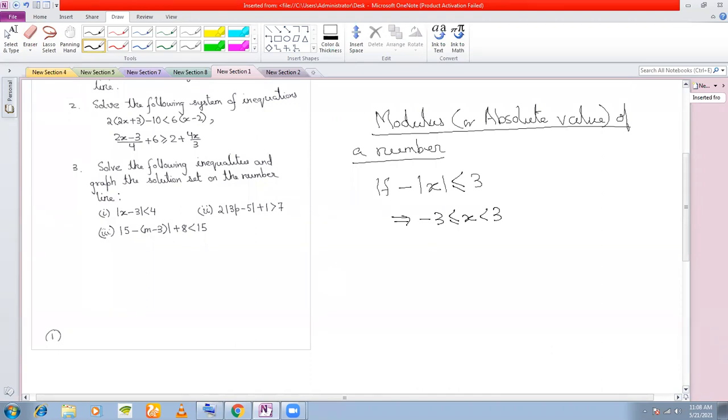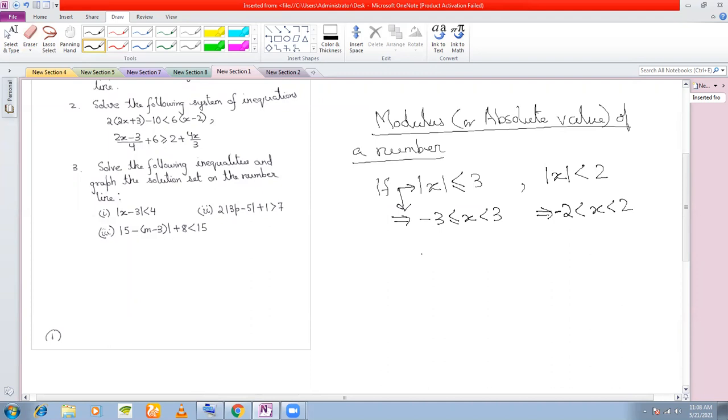Understood? So if given this, you must be able to write this directly from here. Also, if I give you mod x is less than, say, 2 without the equality, then you will write the same thing without the equality: -2 less than x less than +2. That means x must lie between -2 and 2.